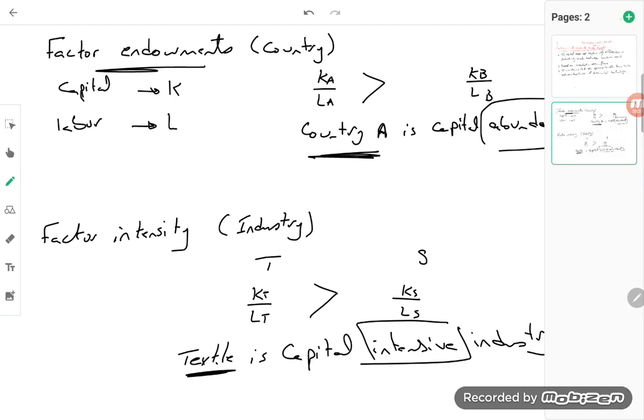So let's take an example. This is the quantity available of capital and labor in each country.